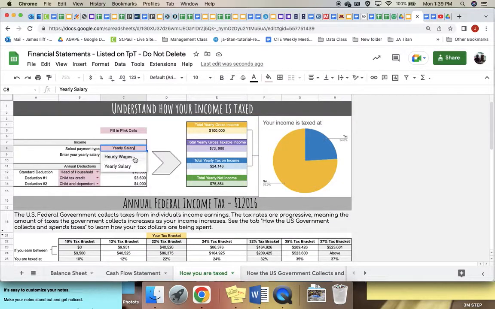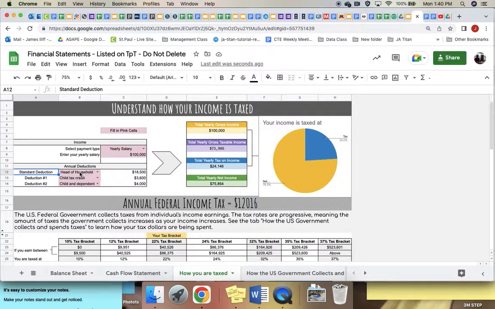They can either enter an hourly wage, so if they make $20 an hour and they work 20 hours a week, or a yearly salary. Let's just keep it at a yearly salary. So they enter that information, and then they enter deductions. So there's a standard deduction.